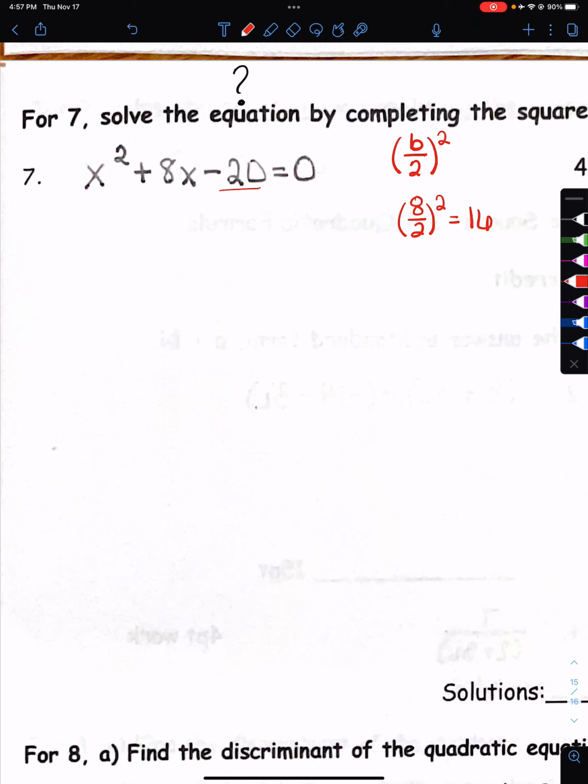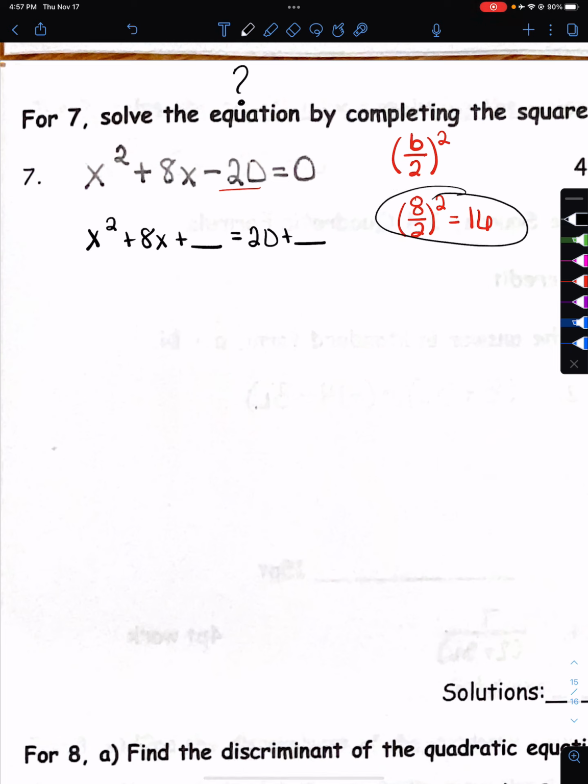So I need to move that negative 20 out of the way so that I can put 16 there. So I have x squared plus 8x plus a blank space equals, moving the negative 20 to the other side makes it a positive 20 plus a blank space. Now in that blank space, that's where we're going to put this number. So I've got 16 here and 16 here.